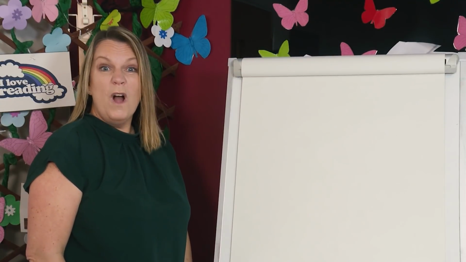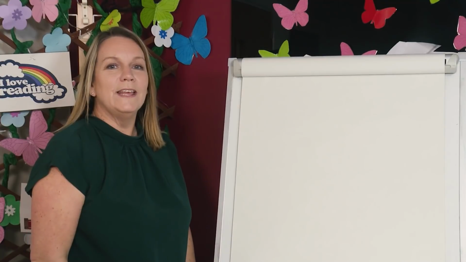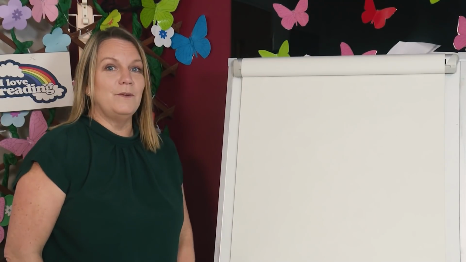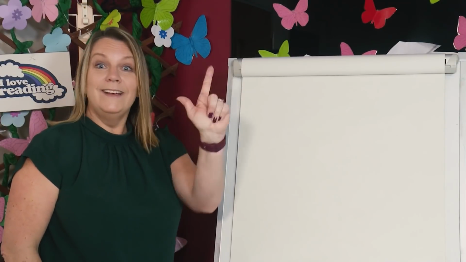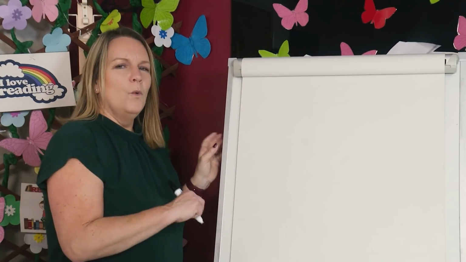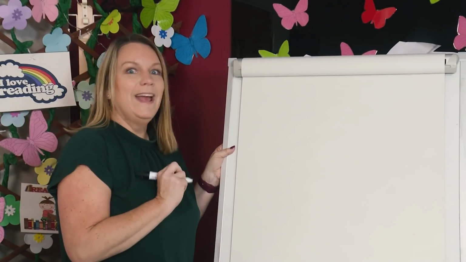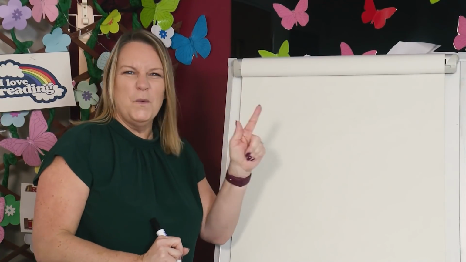Let's spell Y. Segment the sounds with me. Y, I. Let's count how many sounds there are. It's 2 sounds. Watch me write Y and I need 2 sounds. Is a digraph. 2 letters, 1 sound.